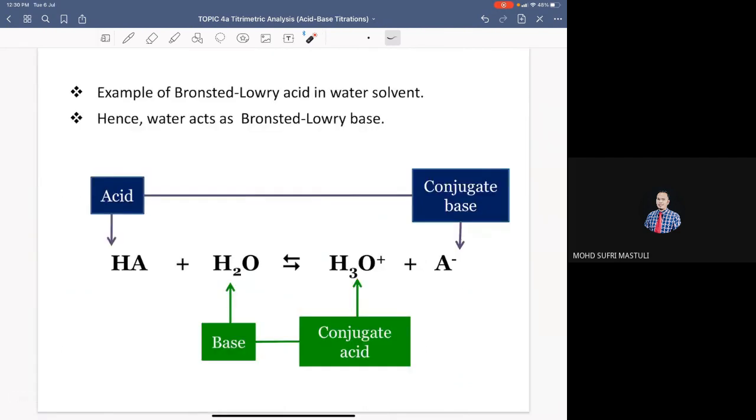Example of a Bronsted-Lowry acid with water as solvent: the water acts as the Bronsted-Lowry base.